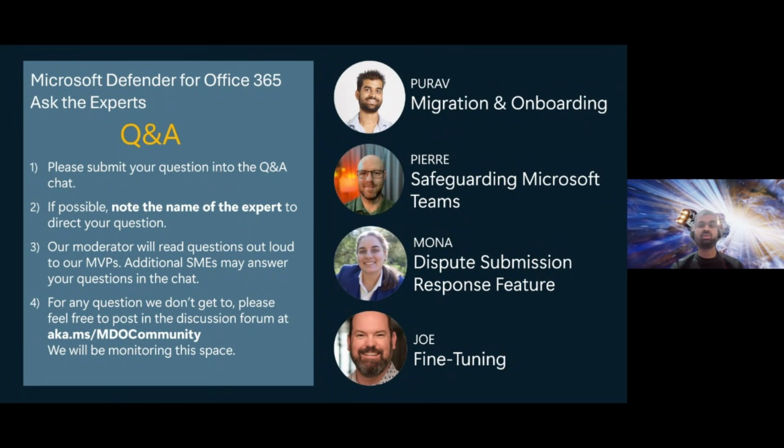But with Defender for Office, you can easily understand that this malicious URL is now present in this user's OneDrive and has been shared through email, because when you share through OneDrive, it automatically sends an email with that URL. So you can understand the true picture of not only where that URL came in, but also how it propagated through your organization. That's one way you can correlate the telemetry.